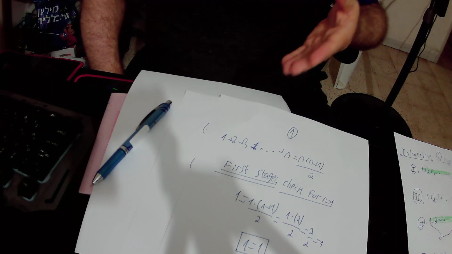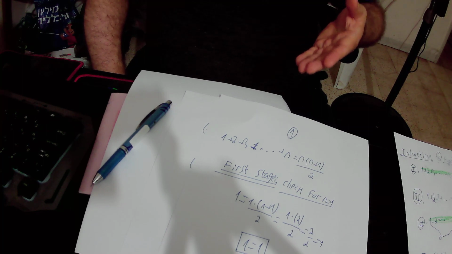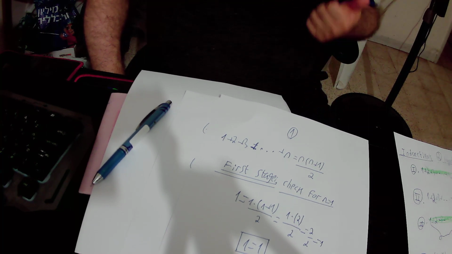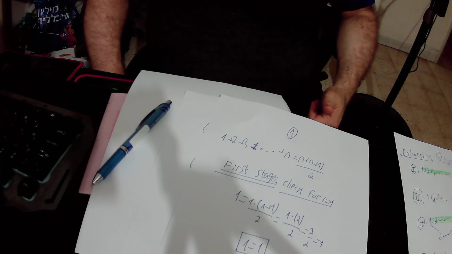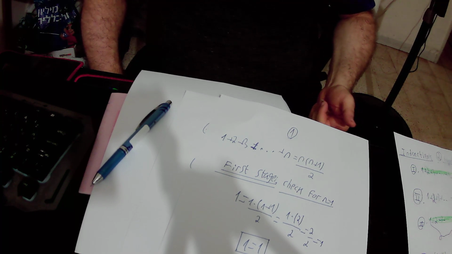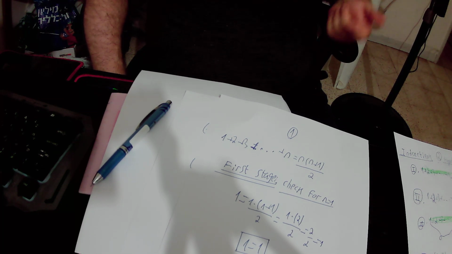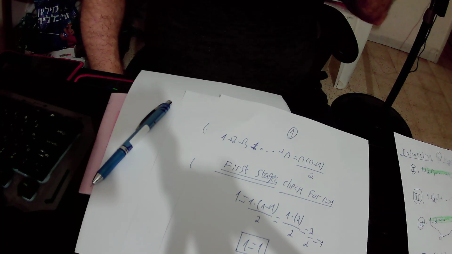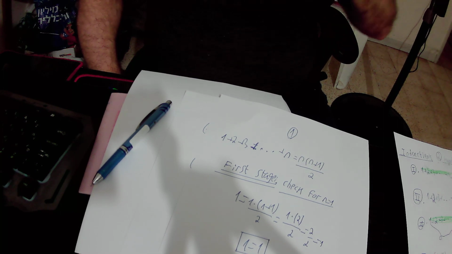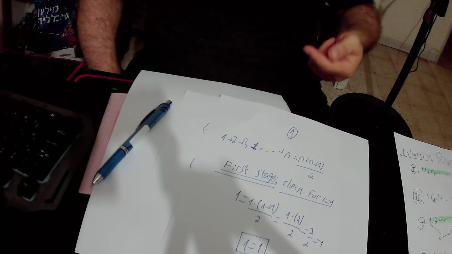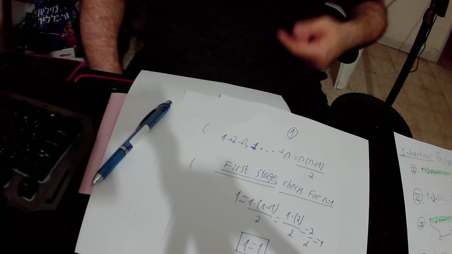The statement is true for n equals 1, and we actually proved in general that if it is true for n, it also must be true for n plus 1. So now that we know that it is true for n equals 1, it also must be true for n plus 1, or for 1 plus 1, that is to say for 2.